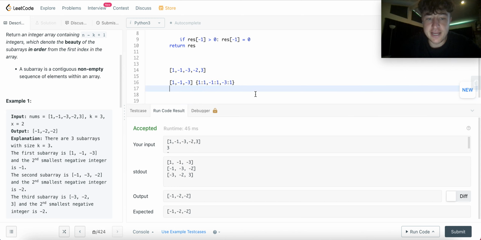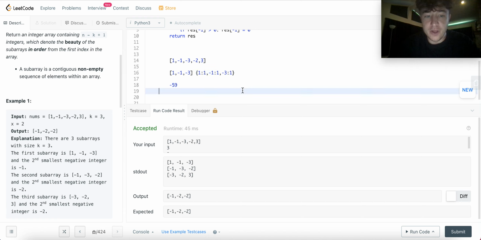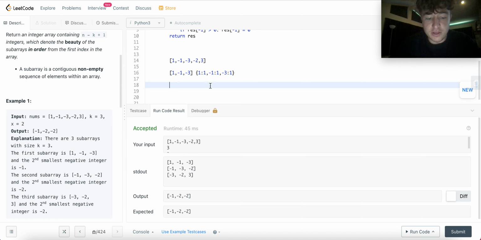So what we could instead do is figure out the kth smallest element by looking at everything from the range -50 to 50. I look at -50 and I say, is -50 in here? No. Is -49 in here? No. Eventually I'll get to -3. Is -3 in here? Yes, it is. How many times? Once.